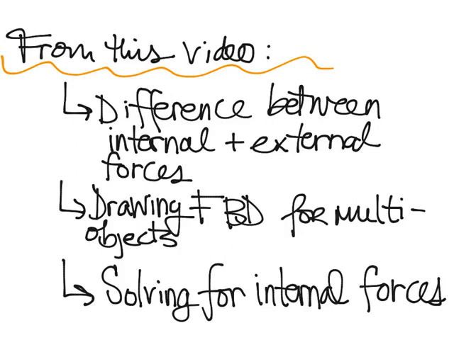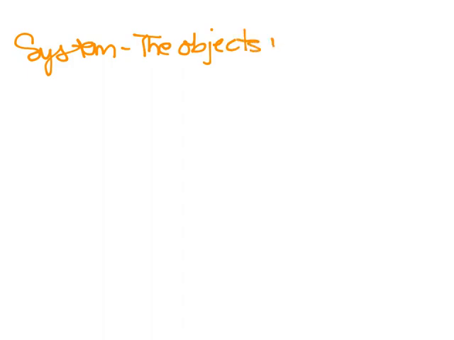Before we talk about internal and external forces, we need to define something called a system. A system is basically the masses or the objects you care about.